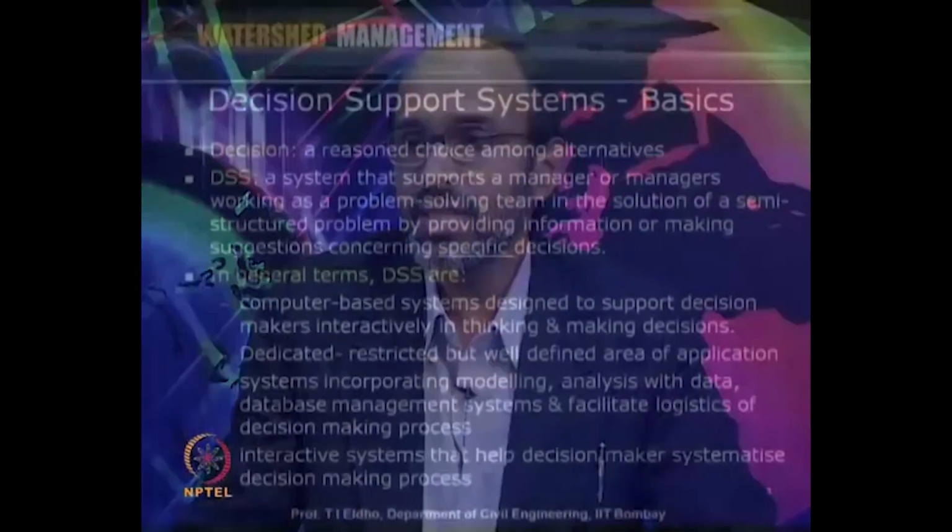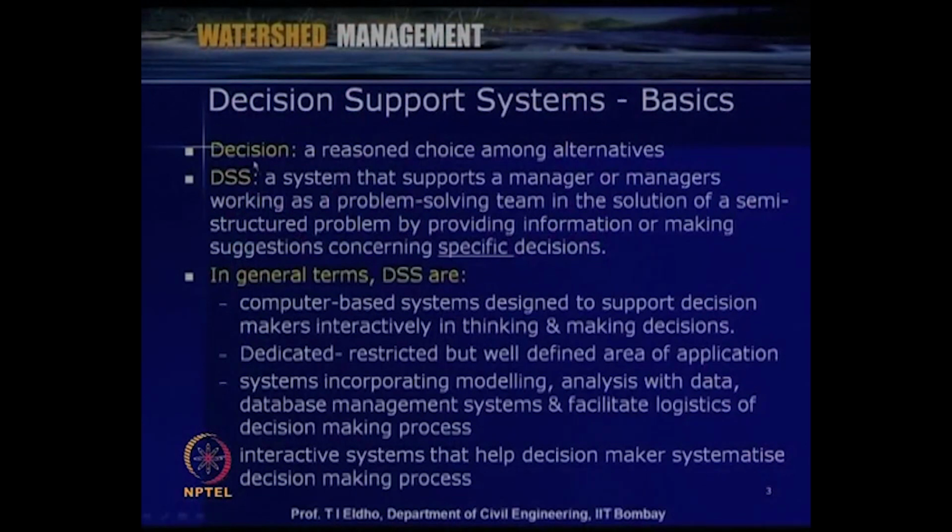So, when we are considering a particular scenario or particular option, we can have a system called a decision support system. A decision support system means a system which helps the decision maker to make a specific decision. We can say that a decision is a reasoned choice among alternatives.